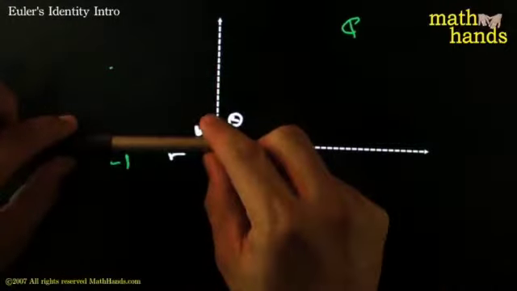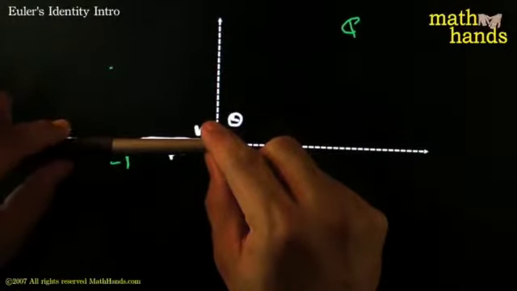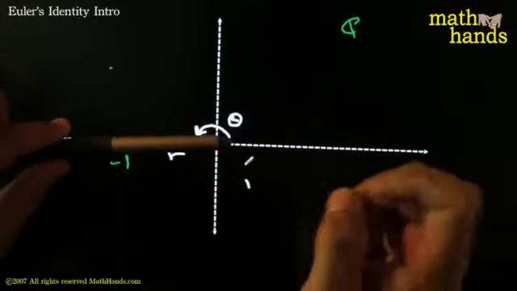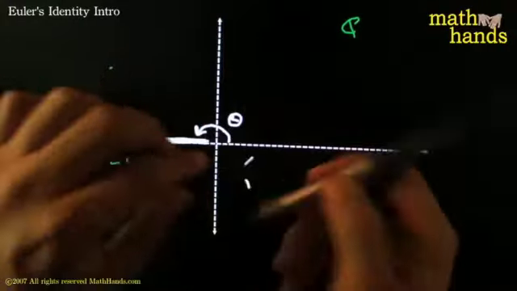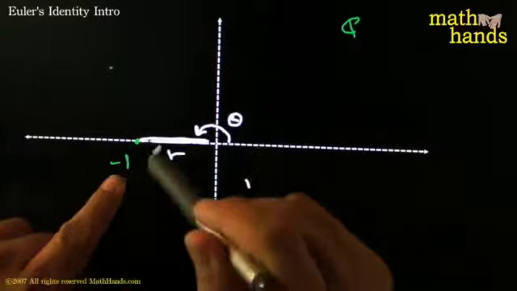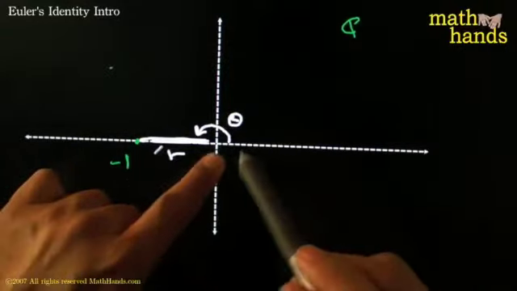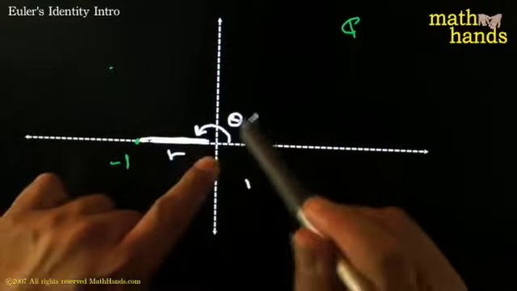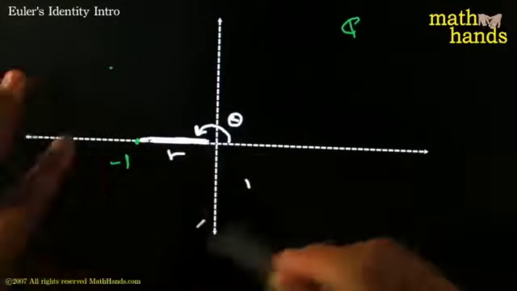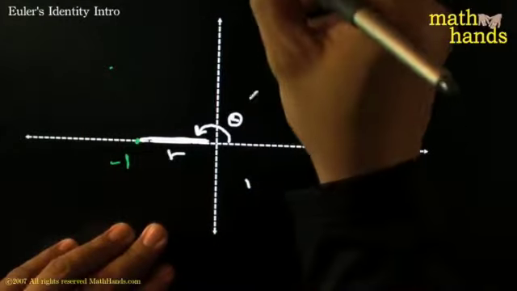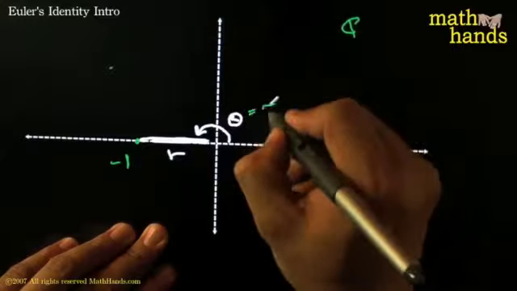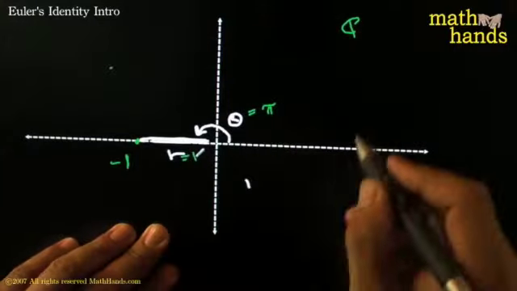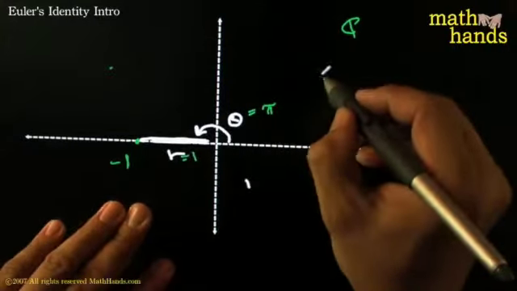Okay, even i. Let's see, how about this one? Now this one. Make all this disappear. What about this point right here? i. How would you convert that? Well, again, you first have to figure out the r.